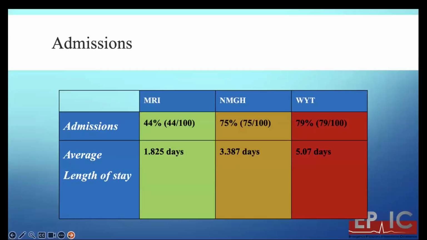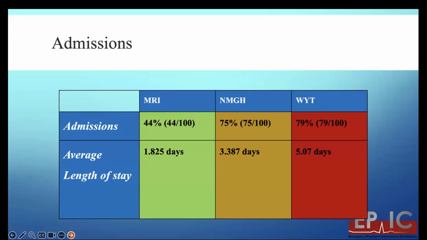So MRI, which had 66% compliance with TMACS, had the fewest admissions, 44%, and even the average length of stay per patient was quite low, 1.8 to 5 days. North Manchester had a 75% admission rate, and Wythenshawe had a 79% admission rate, which falls in line with the TMACS compliance.